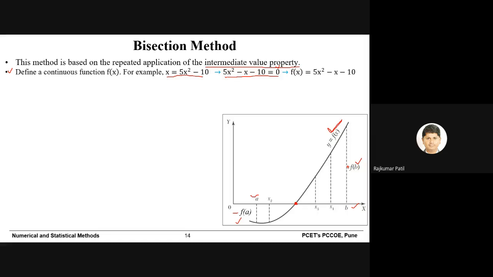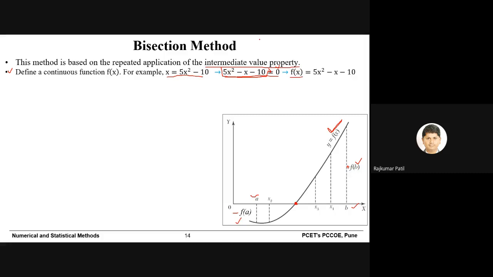Then whatever terms are on the left side of the equation, you call it f of x. This is how we define the equation into a function f of x. So here f of x will be 5x square minus x minus 10. This is the first step to start with the problem.